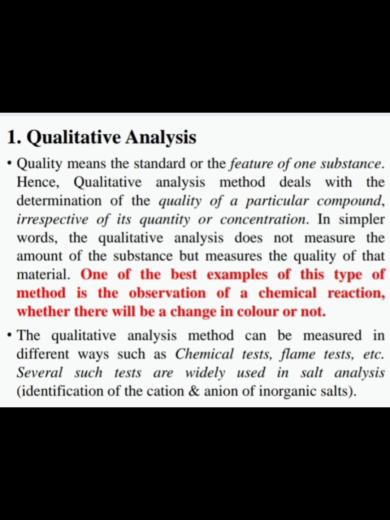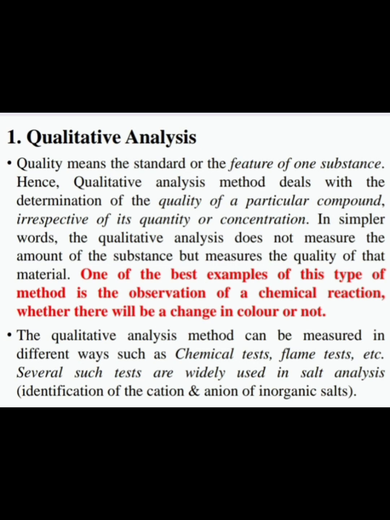Hence, the qualitative analysis method deals with the determination of the quality of a particular compound irrespective of its quantity or concentration. In simpler words, qualitative analysis does not measure the amount of a substance but measures the quality of that material.